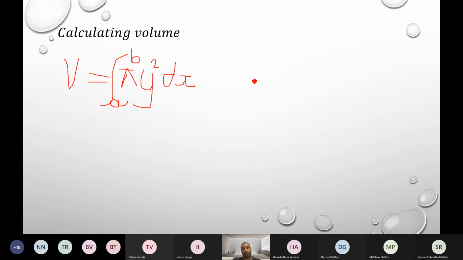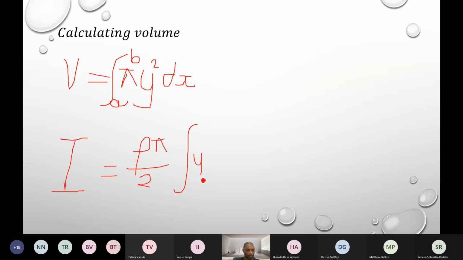Okay, and just to remind each other, I always like to remind the formula for moment of inertia, which is rho pi over 2 integral of y to the power 4.